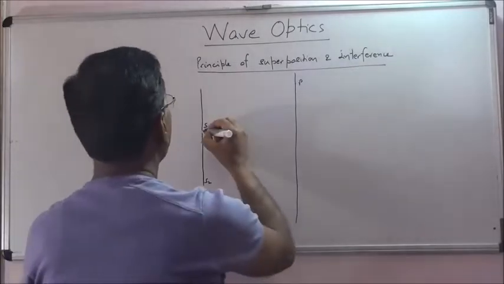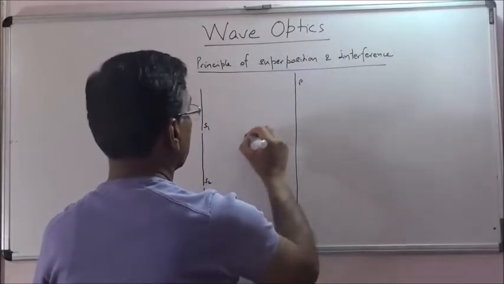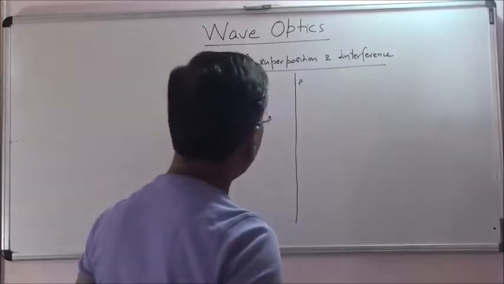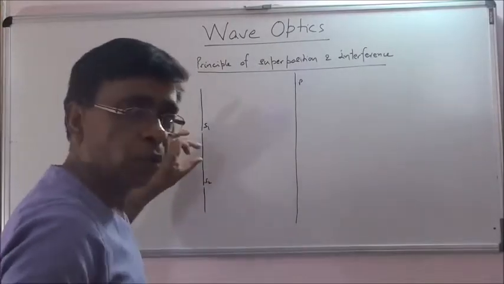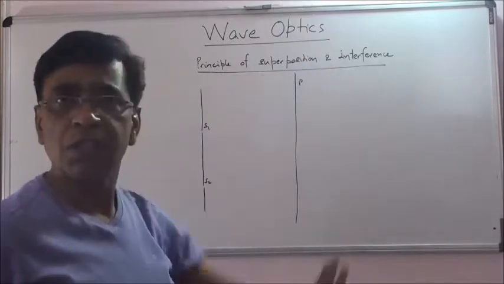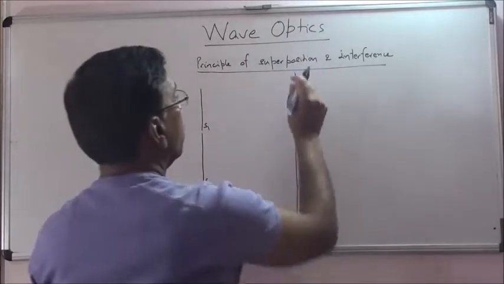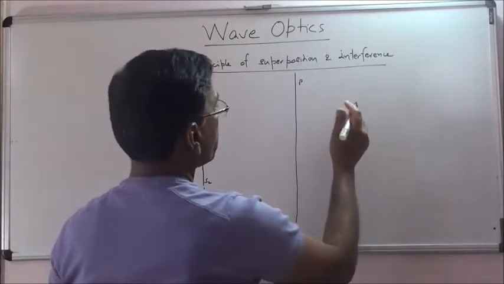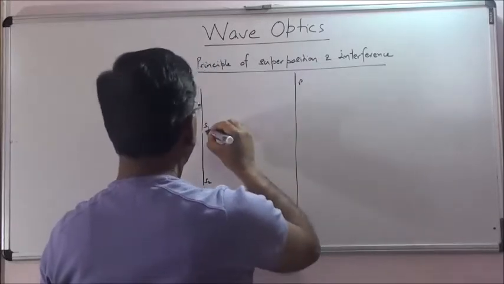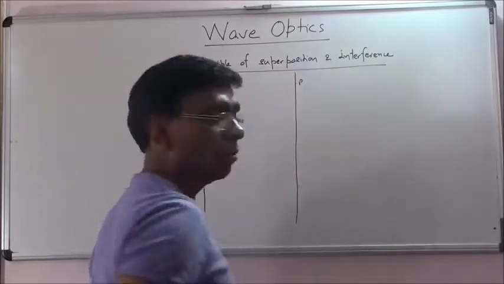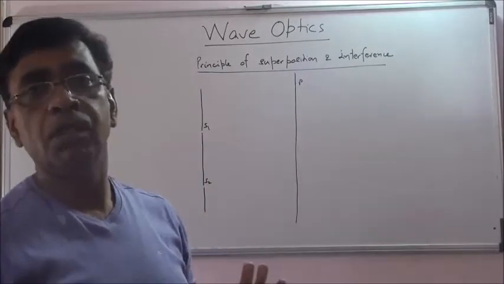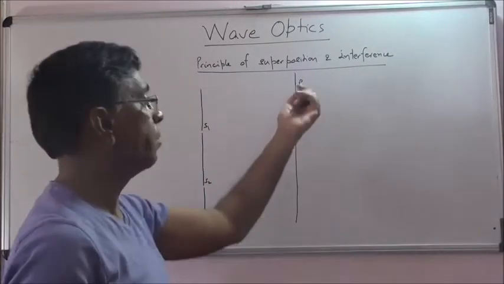One light wave coming from here, another one from here, and let us take this distance as large and these as very close so that the two waves are traveling almost in the same direction. Now P is a point and two waves are reaching here. I want to apply the principle of superposition and see what is happening at this point.